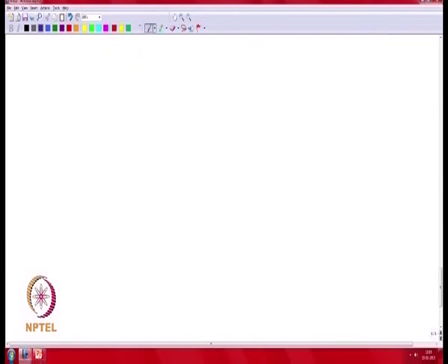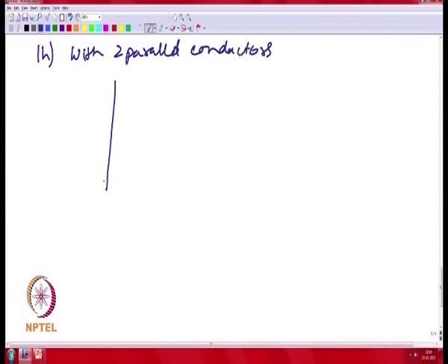So, if you look at the original line, your original line might have a pole with say 3 conductors on top. So, this might be your original configuration.